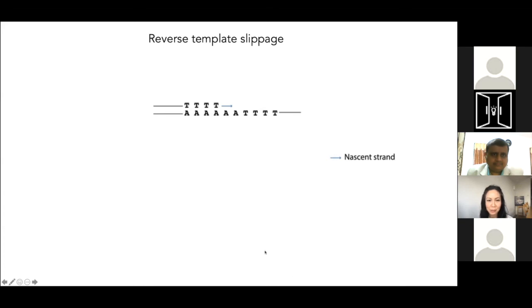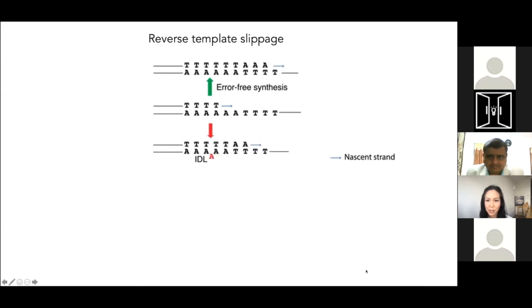Under the usual circumstances, when mismatch repair is intact, we should have error-free synthesis. So here's a poly A and a poly T tract. However, a polymerase replicating across a mixed repeat sequence such as this could cause a little insertion deletion loop, this A sticking out here. And then you'd get an incorporation of 5 instead of 6 T's opposite what should have been 6 A's.